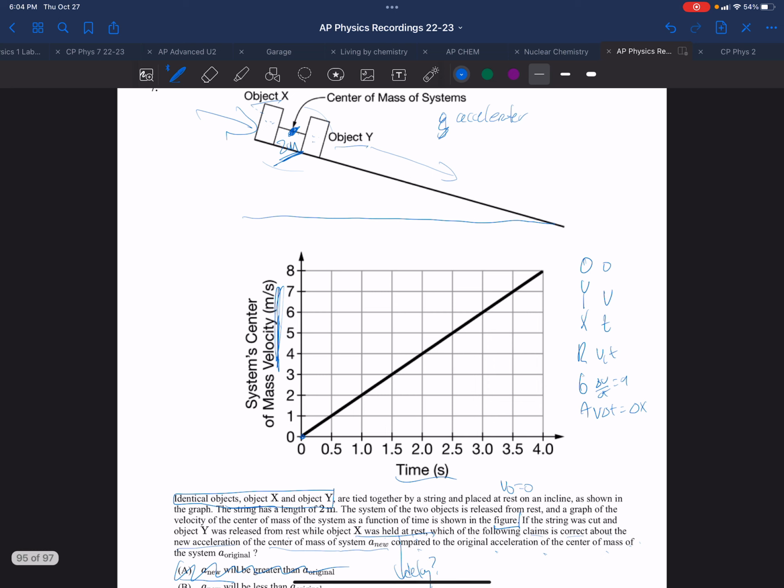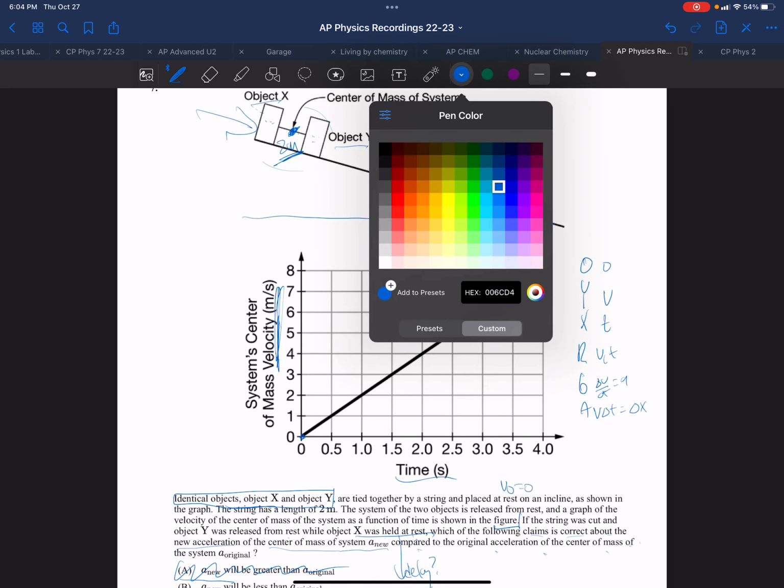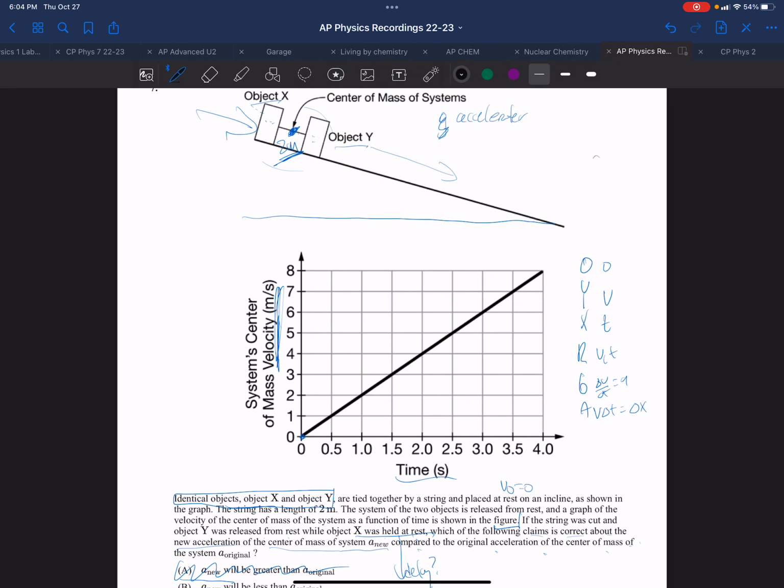Well, if we can picture what will happen in this scenario, X is going to remain steady and Y is going to move down the inclined plane. Now, the center of mass of Y is going to accelerate.